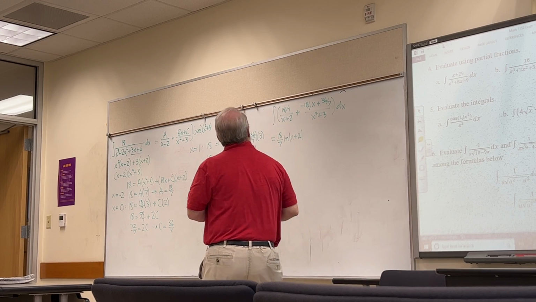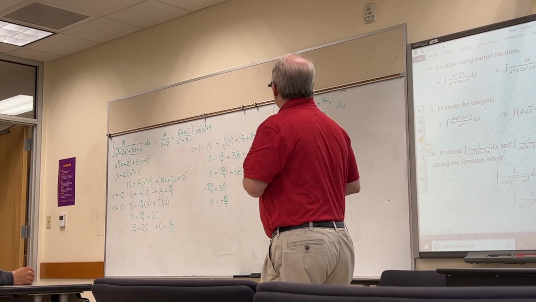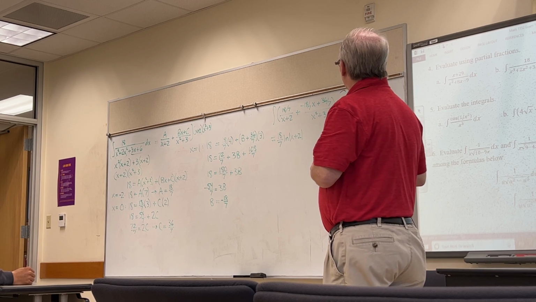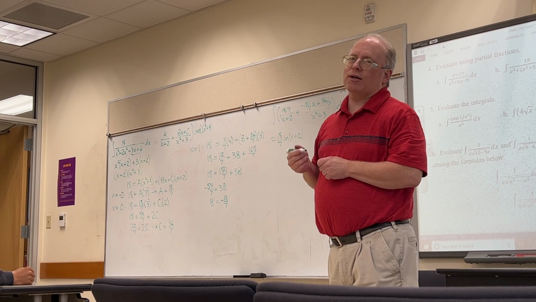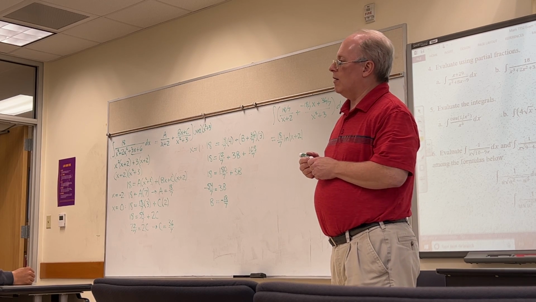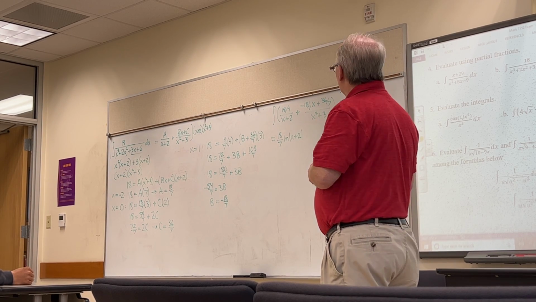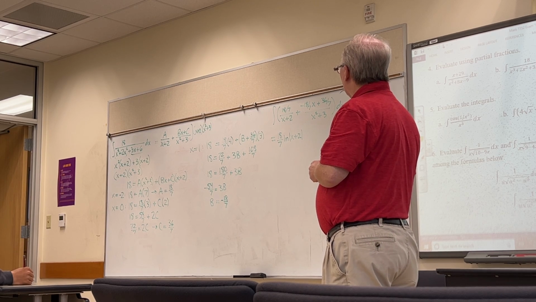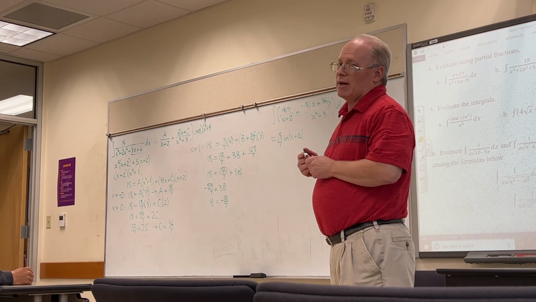Now, how do we handle that second term? How do we integrate that second term? Can't really simplify the top, because there's an x and a constant, they're unlike terms. Can we get rid of the x at the top by dividing? No, because you'd have to divide both terms by x.